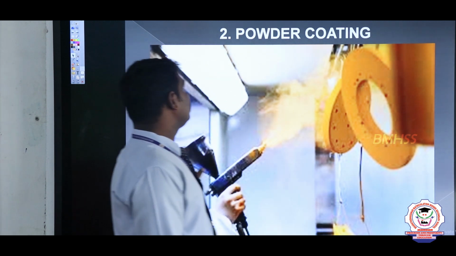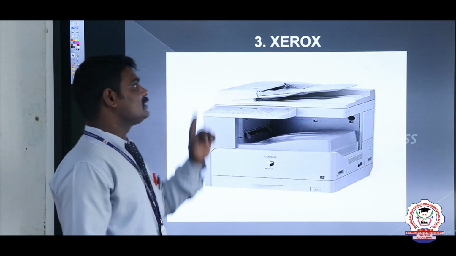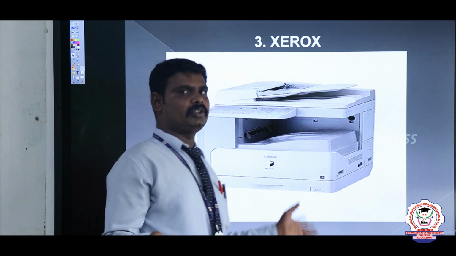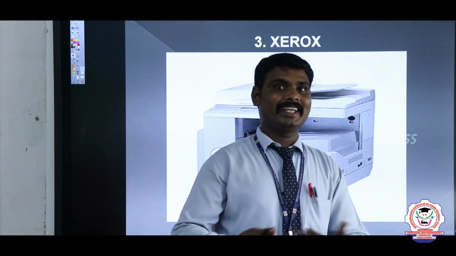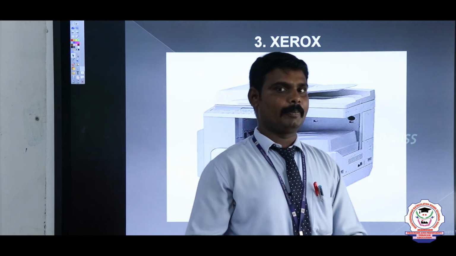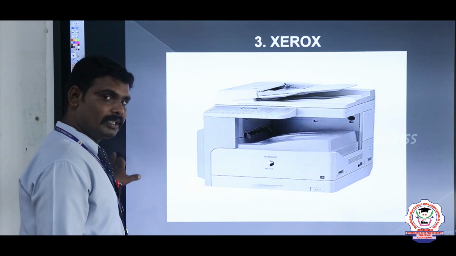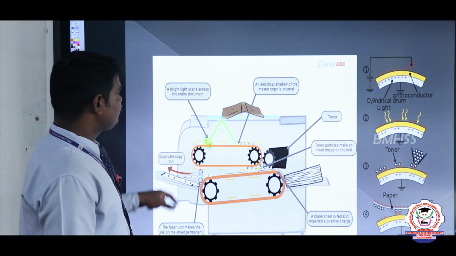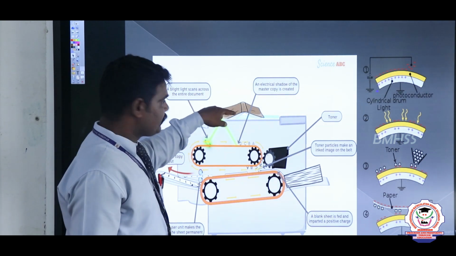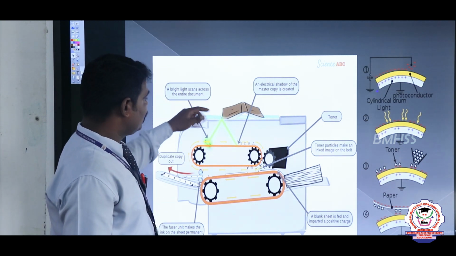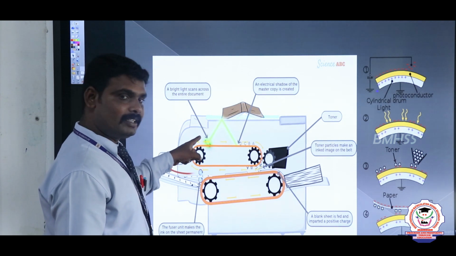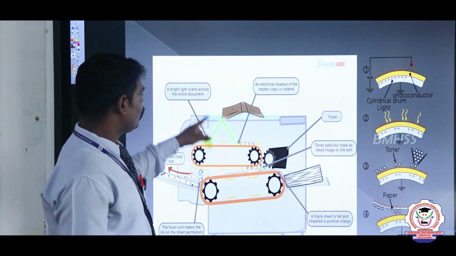The next application is the Xerox machine. We are well known about this Xerox machine, we take Xerox or copies. How do these Xerox machines work? By using electrostatic force. See, this is our book. We can scan it using bright light that scans across the entered documents.